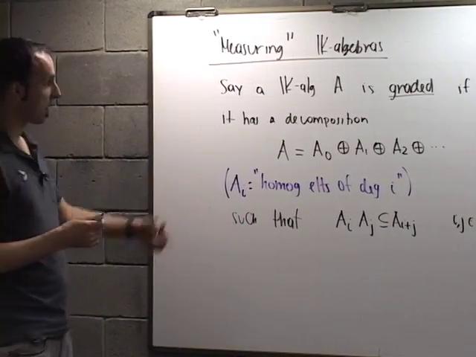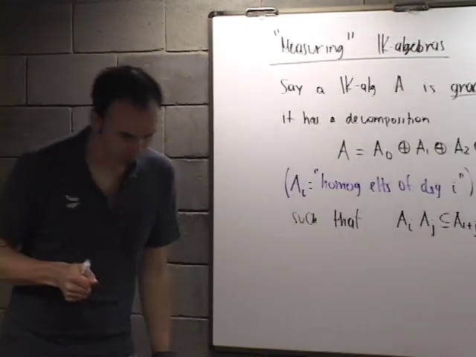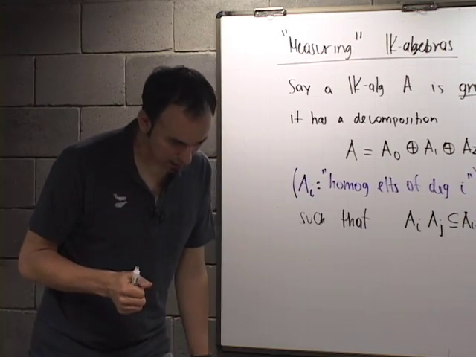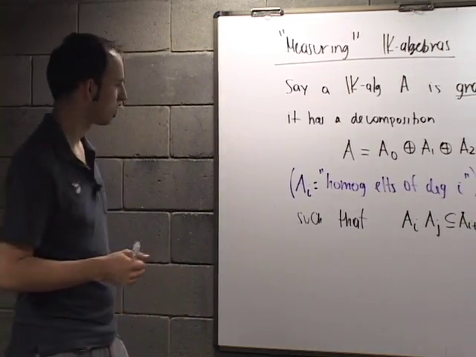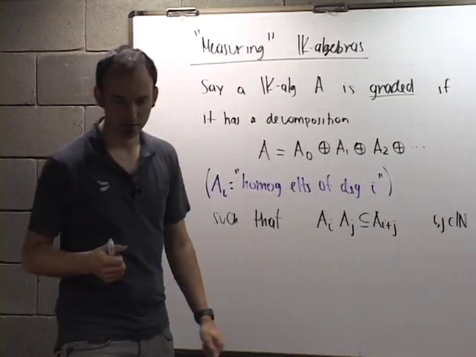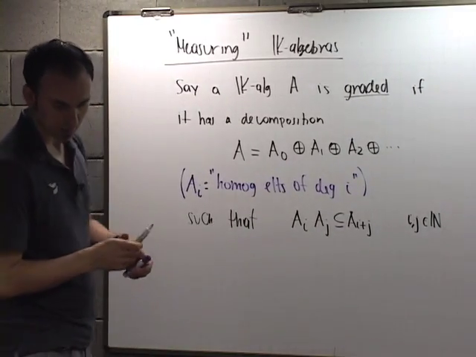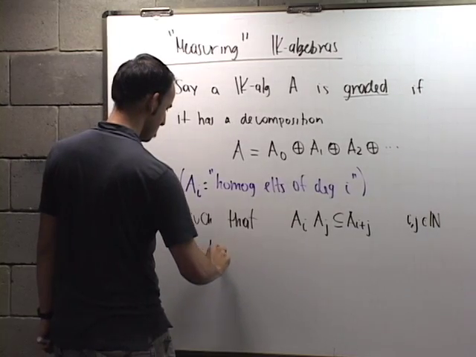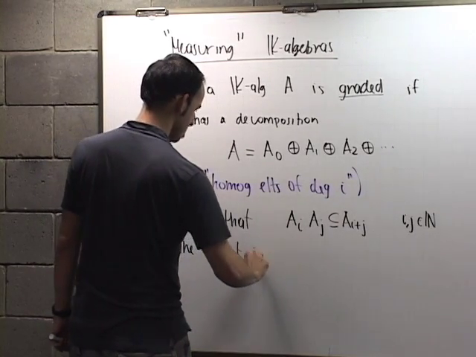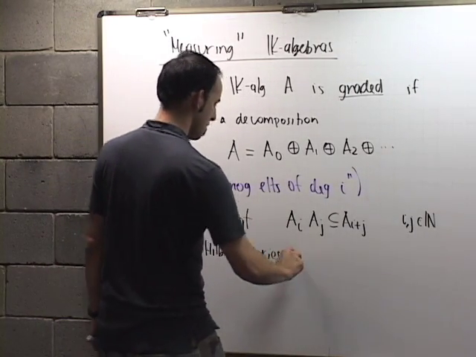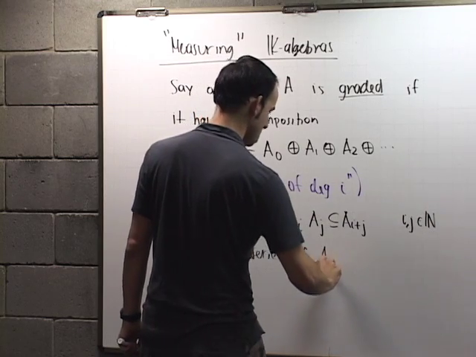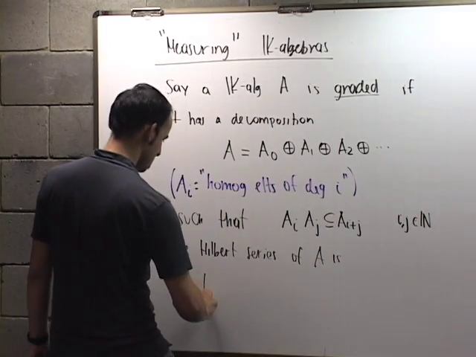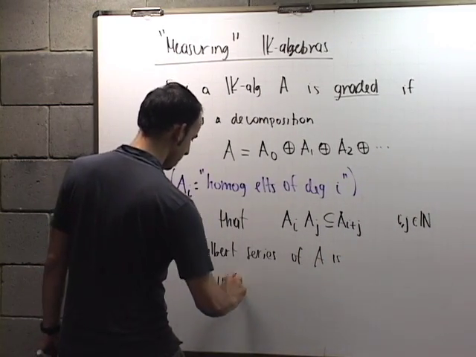So that's what we mean by a graded algebra. The idea is degree i, degree j gives you degree i plus j. And then we're going to define the Hilbert series of A. It's a formal series.